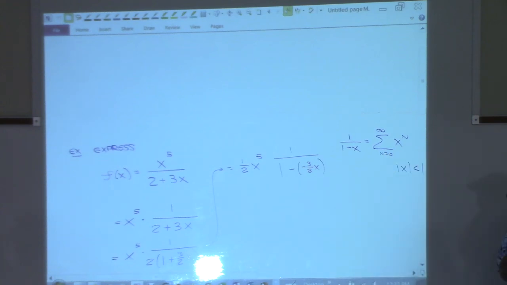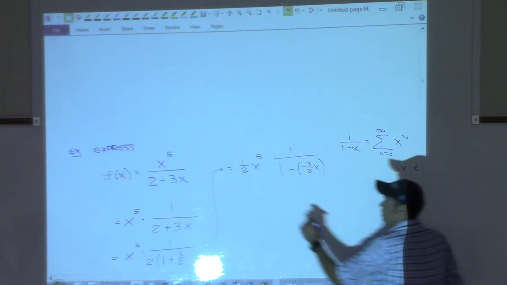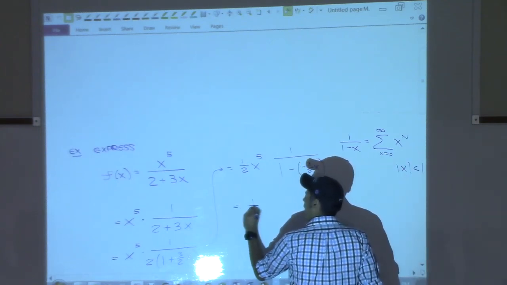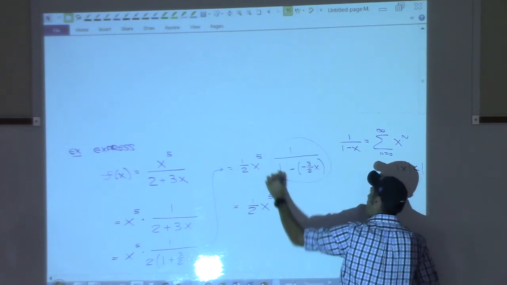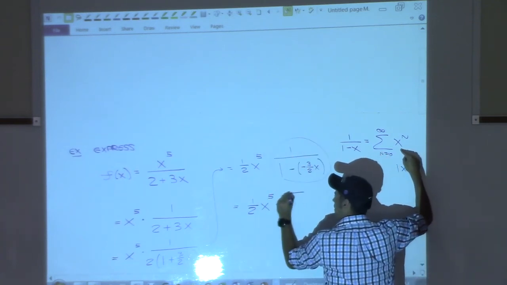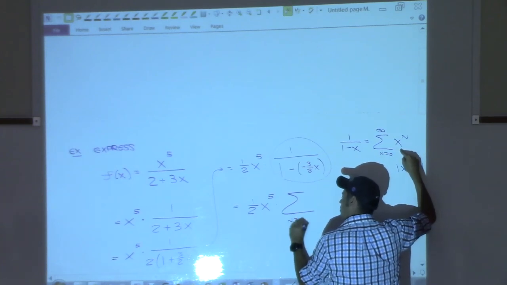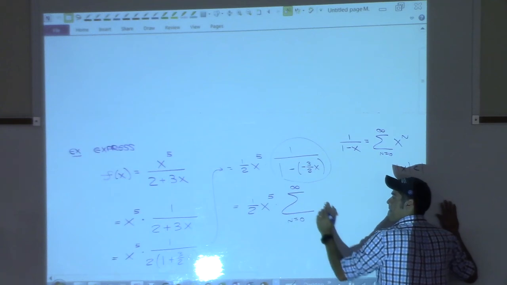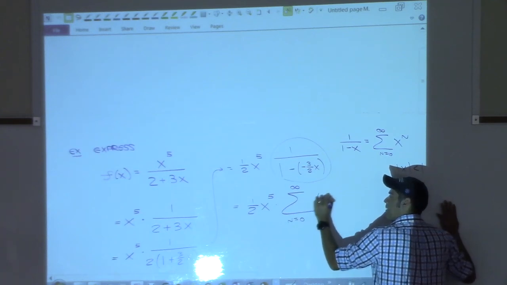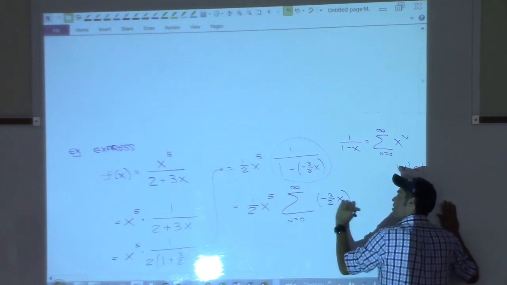Do you all agree with that? Okay, now, this should be equal to 1/2 x to the 5th times this thing will turn into this, right? Sum n equals 0 to infinity of what to the n? Negative 3/2 x to the n.